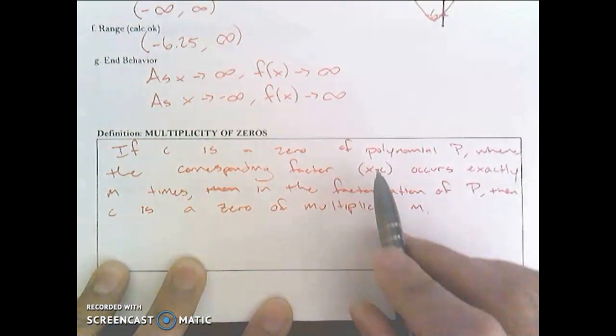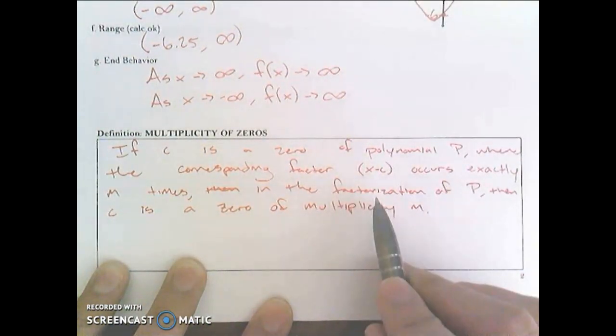So however many times this factor occurs in the factorization of the polynomial, we say that the 0 has that same multiplicity.